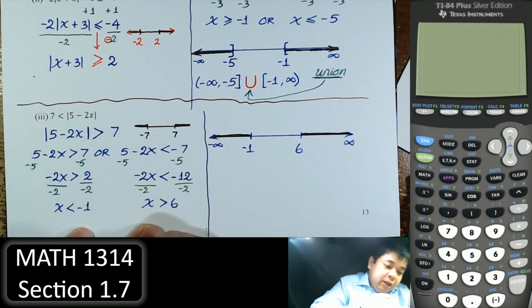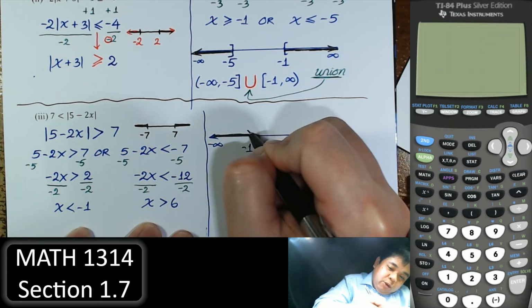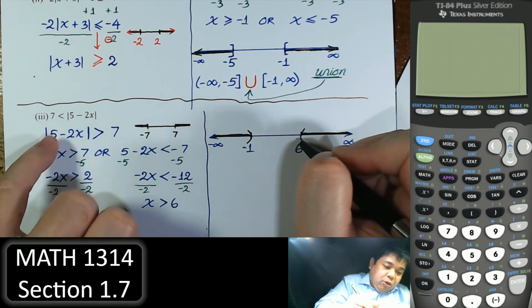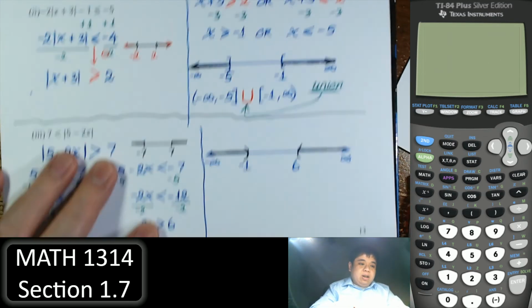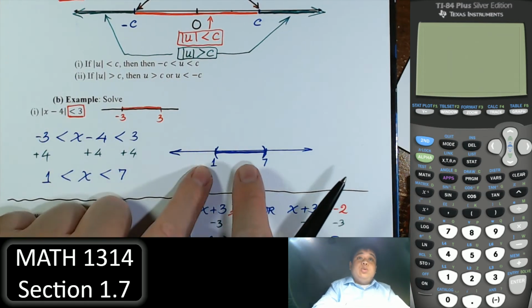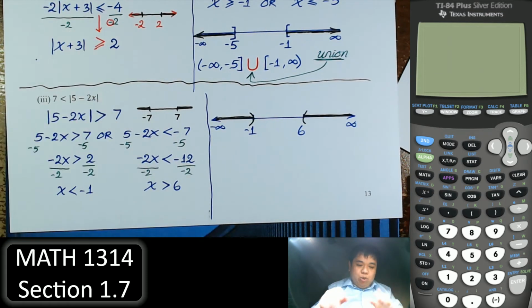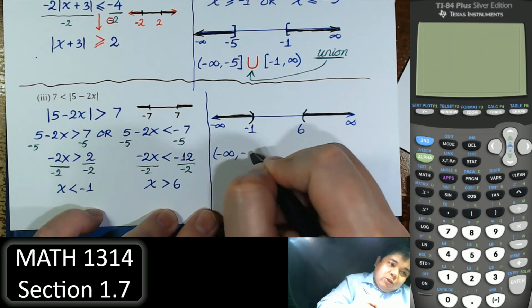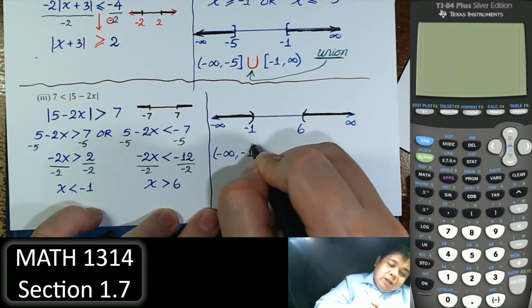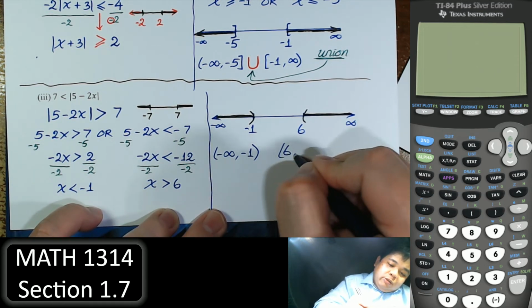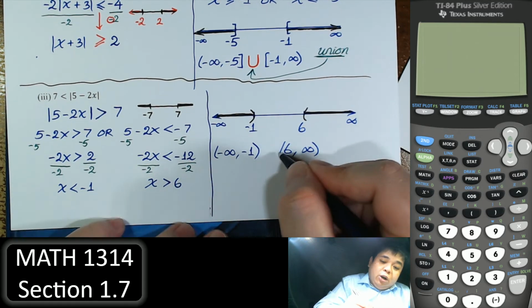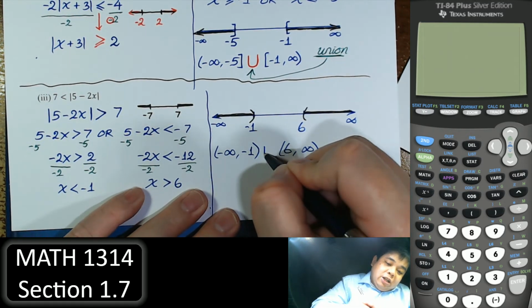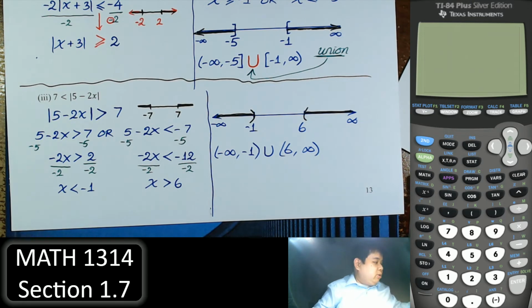And this one, no equal sign, so parentheses. When we see a problem that is greater than, the answer is going to be outside. Less than, it's going to be on the inside, in between. So we write negative infinity to negative 1, union 6 to infinity, not including 6, and once again, the union of the two intervals.